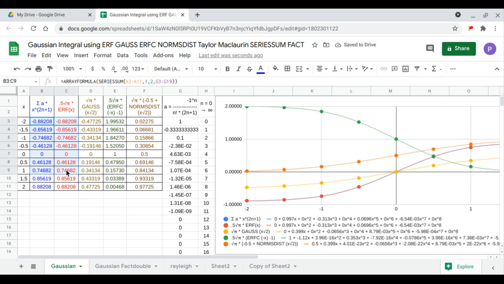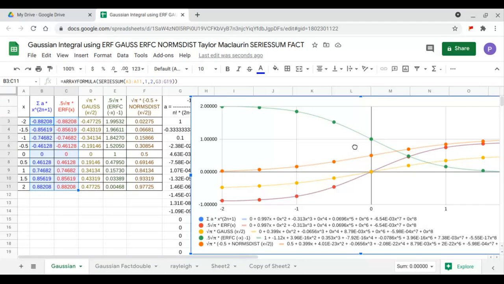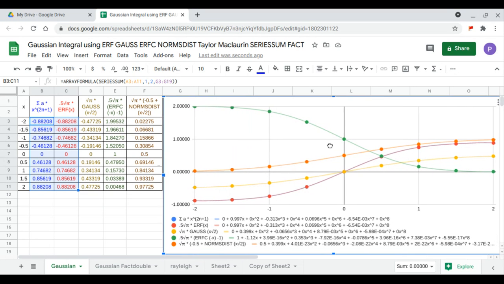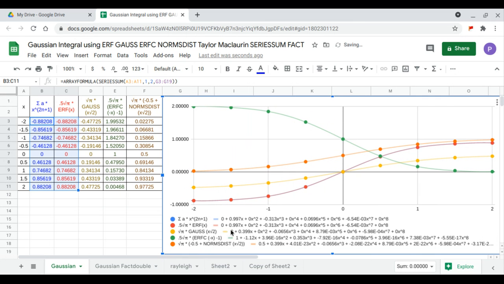Now their data sets are the same. They're on the same trend line. Let's move this a little to the left. And their polynomials are the same. They're the same polynomials.